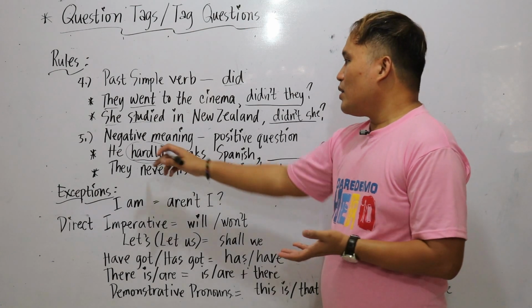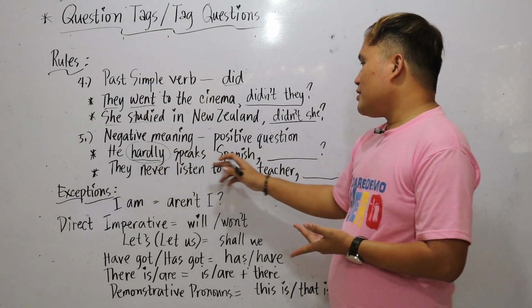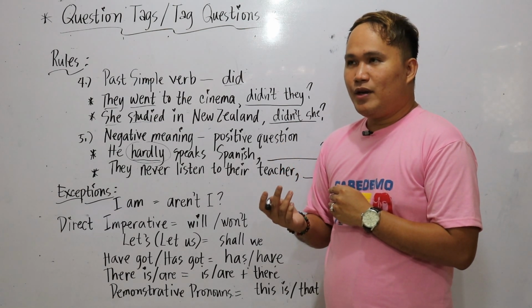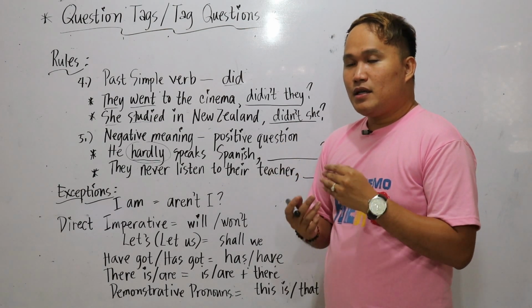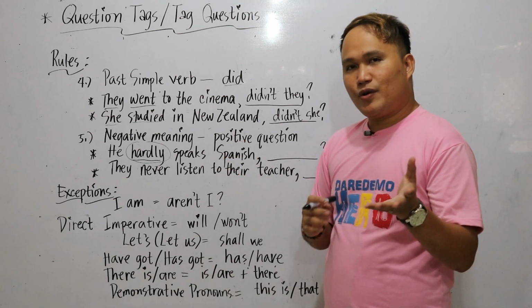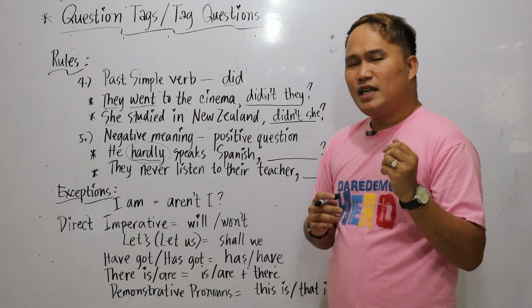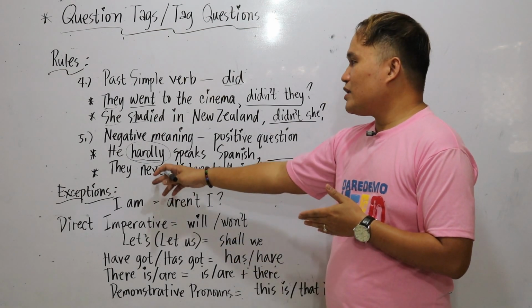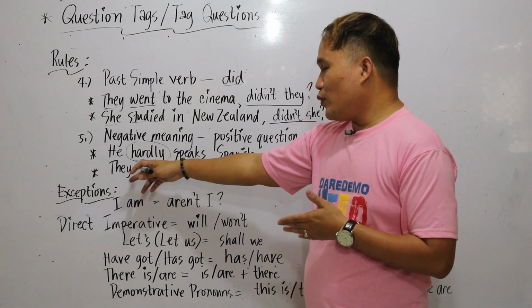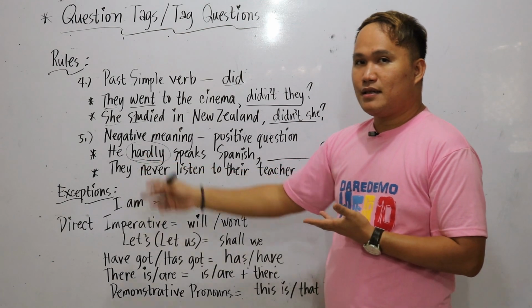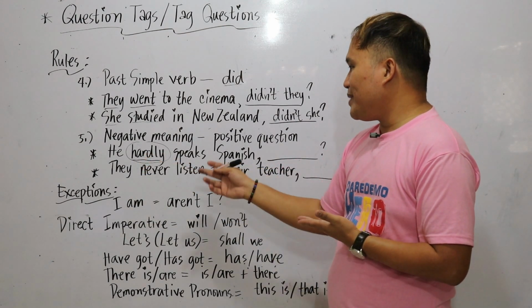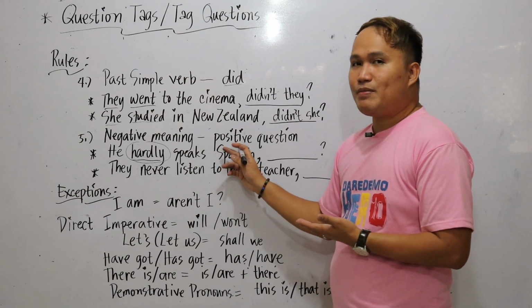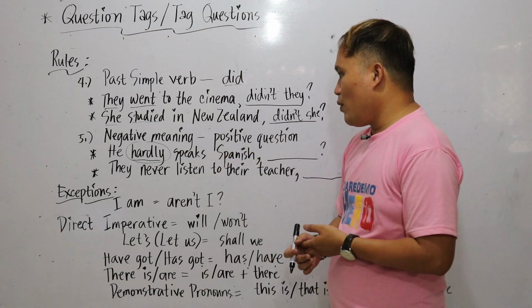If we interpret it, it means he is not good at speaking Spanish. That's why we use hardly. So for negative meaning, our question tag should be in a positive question form.